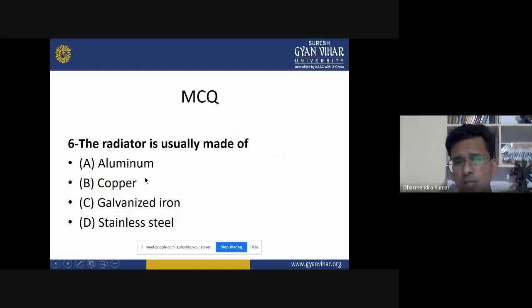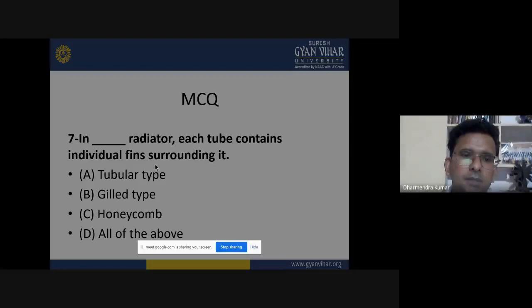But here aluminum is also given and copper is also given. C and D are not relevant to our answer. Then we have chosen the maximum quantity which is used in the making of a radiator. Then surely it will be copper. Then our answer is B.